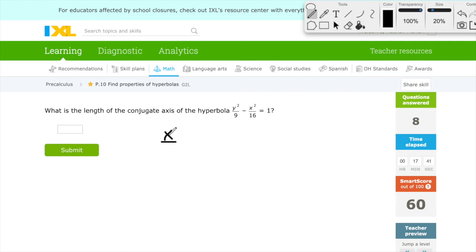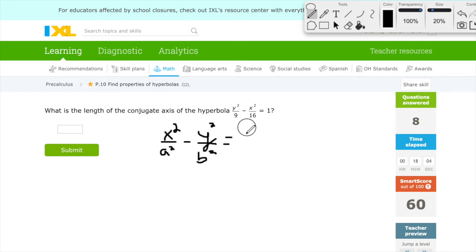So we have two options again for formulas. We have x squared over a squared, minus y squared over b squared equals 1. It's going to take me a minute to write out, but that's okay. I'll let you guys catch up.